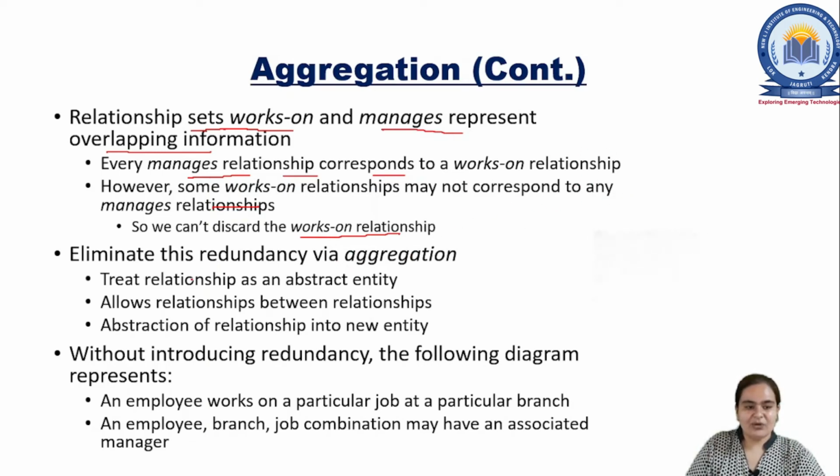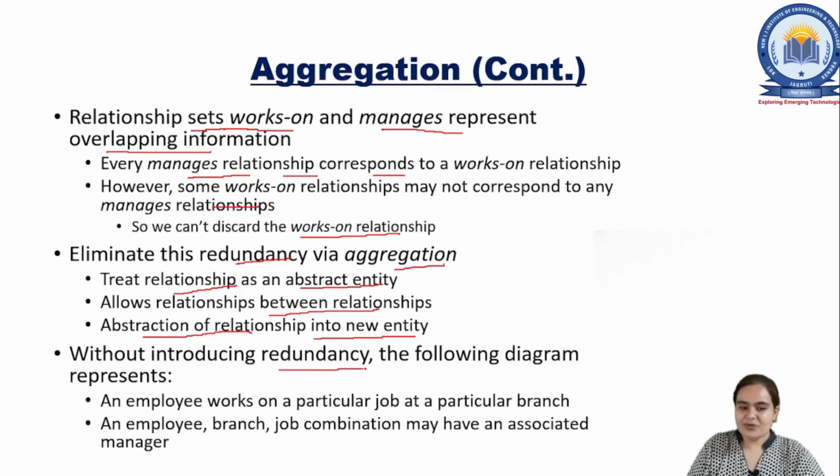What we can do is eliminate redundancy via aggregation. We can treat the relationship as an abstract entity and allow relationships between relationships, and the abstraction of the relationship will be taken as a new entity set.